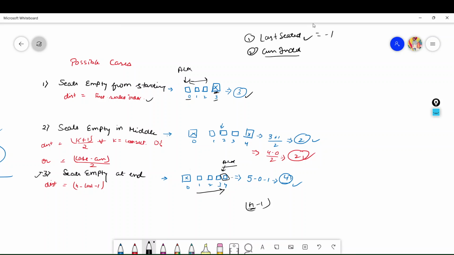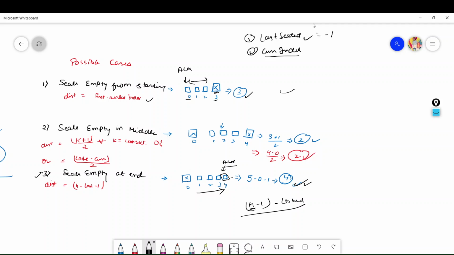So n-1 is the last index, and we will subtract the last seated index from it, right? So in this situation, you can see that n-1 would be 4, and the last seated index was 0, so 4 minus 0 would be 4. So this will be our answer, right? So I hope these two cases are clear to you guys now.